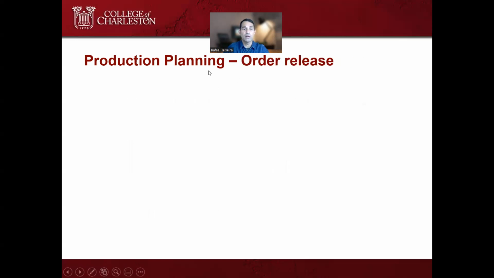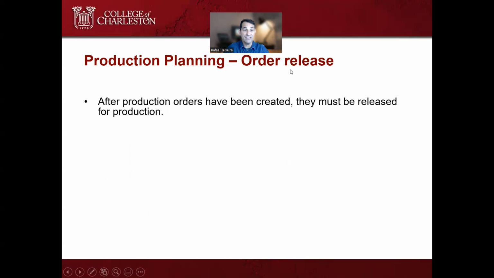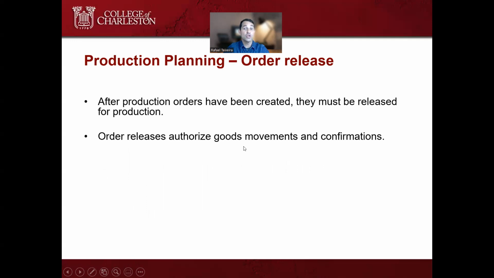Okay. Then the production order is released. After production orders have been created, they must be released for production, and the release authorizes goods movements and confirmation. So after authorization and release, the raw material is going to come from inventory, from one of our storage centers, and then it's going to come in carts probably to the manufacturing plant for the workstations to start processing.